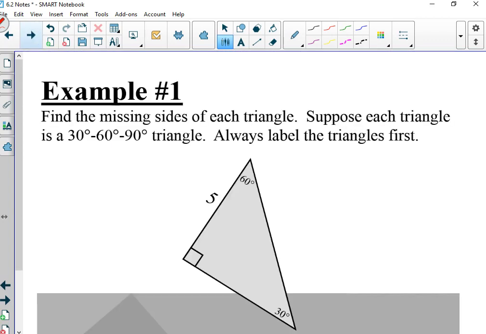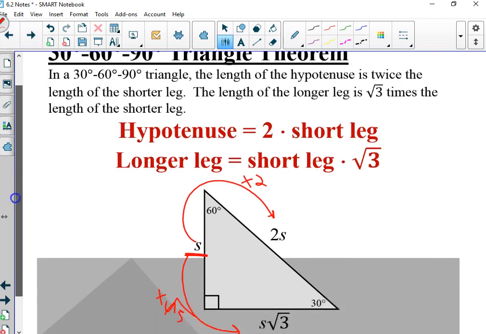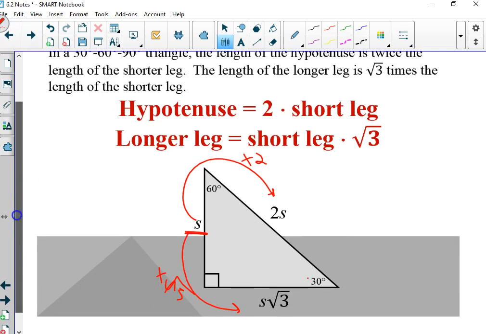So, example 1. Find the missing sides of each triangle. Well, one thing we need to talk about here is the short side is opposite the smallest angle, and the long side is opposite the bigger angle.